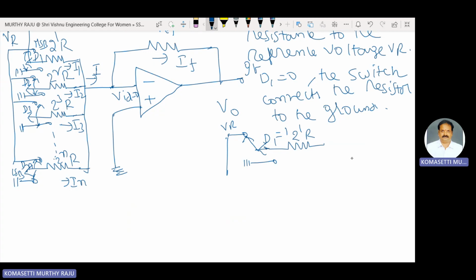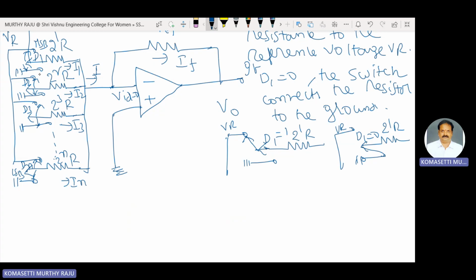If D1 is equal to 0, the switch is connected to ground only, not VR.